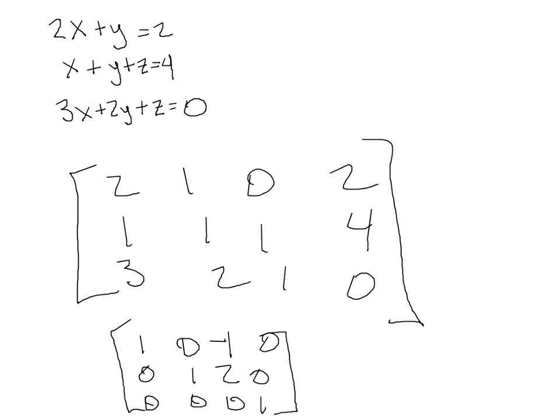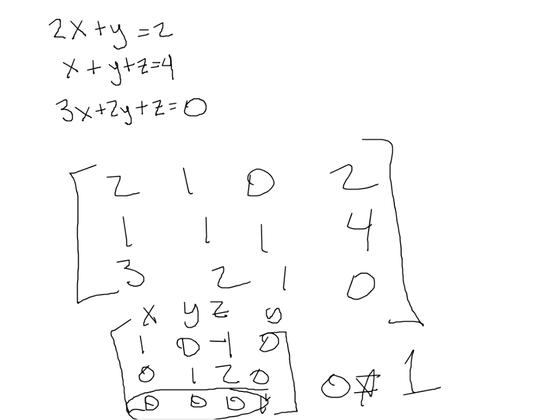So as I look at this last row, this is the X column, the Y column, and the Z column in the right-hand side. This says that 0x plus 0y plus 0z is equal to 1, or essentially 0 equals 1. We know that's not true, so that's a no solution.